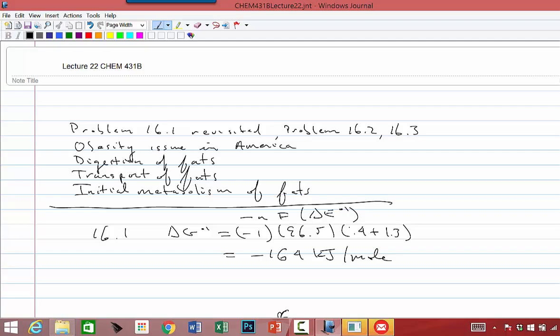So I want to let you know that's going to be a negative 164 kilojoules per mole, as long as we go from the acceptor, the final acceptor to the final donor. Okay, so that's what we should have there.